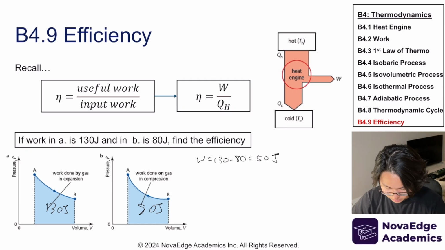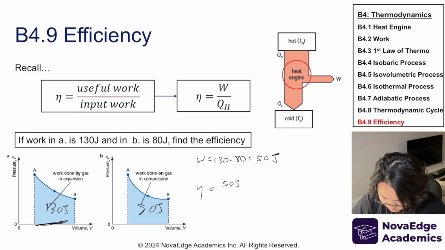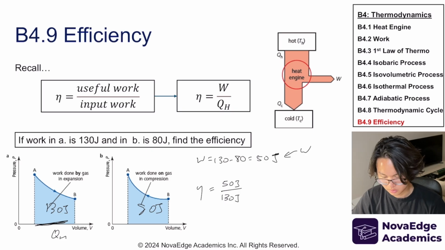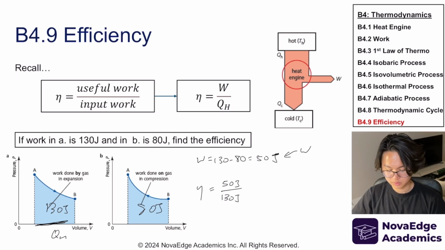So in combustion, I put in 130 joules. This is how much I put in, right? So the efficiency is equal to 50 joules over 130 joules, because that's the QH, and that's the work being done.